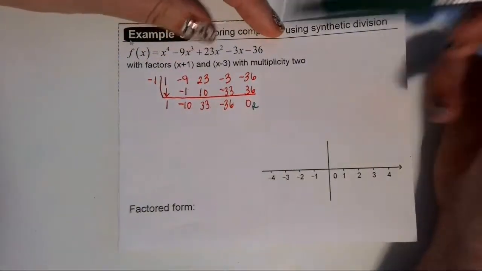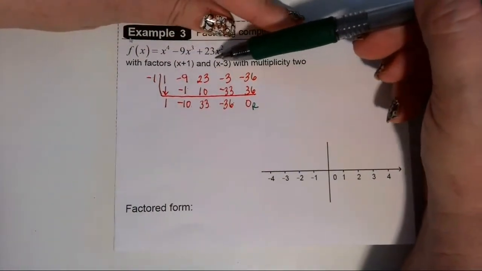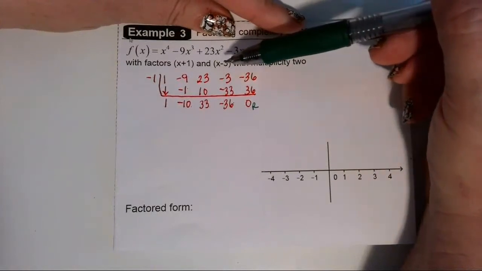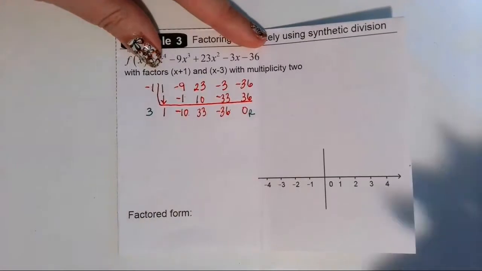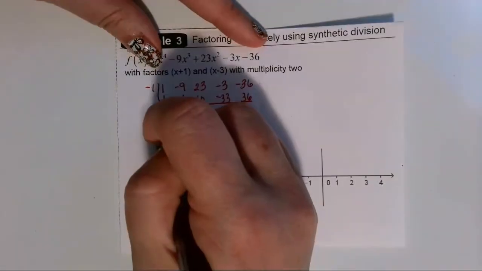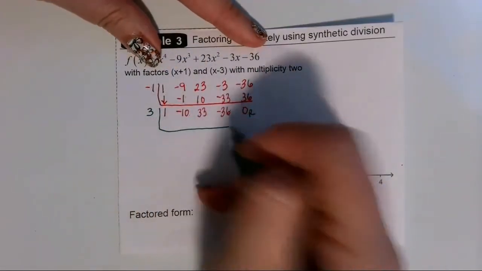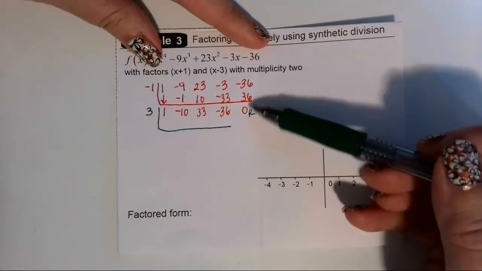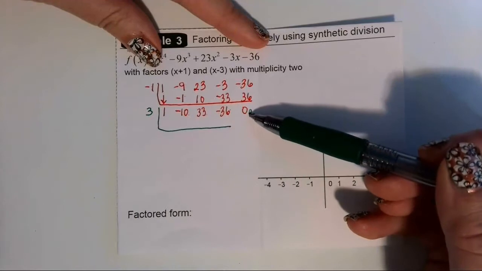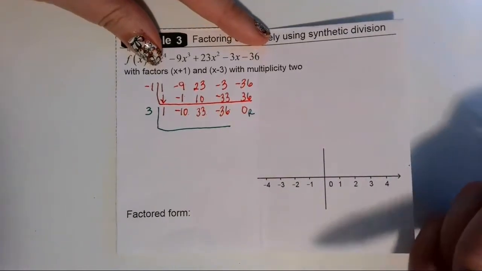But the problem goes on to tell me that x minus 3 is also a factor, so I'm going to use a divisor in my next division of 3. And when I set up my synthetic division, I'm going to disregard this remainder, right, because that's not going to be part of my new dividend.